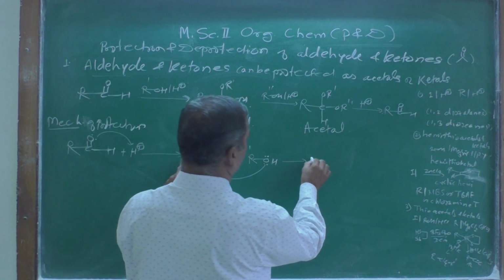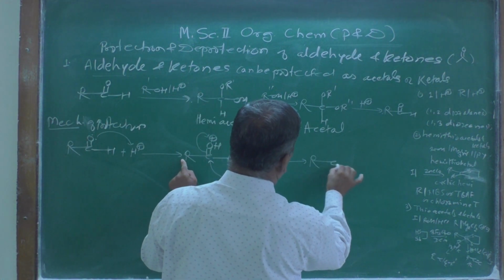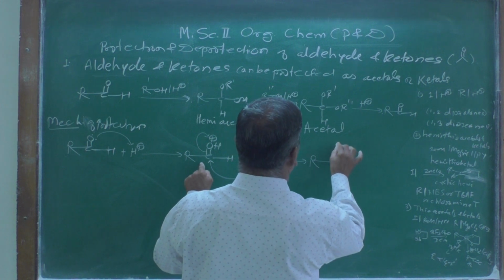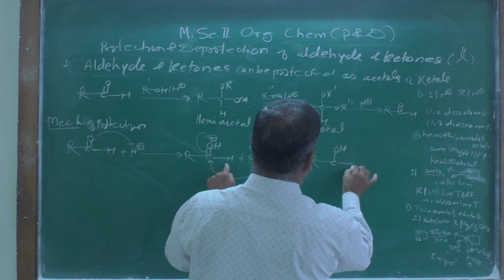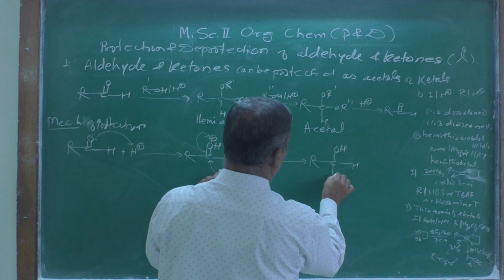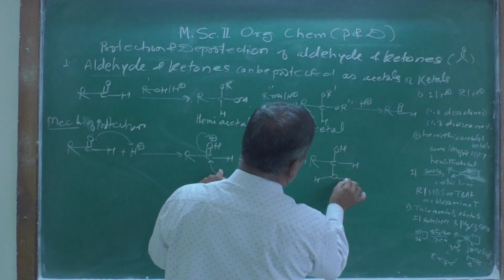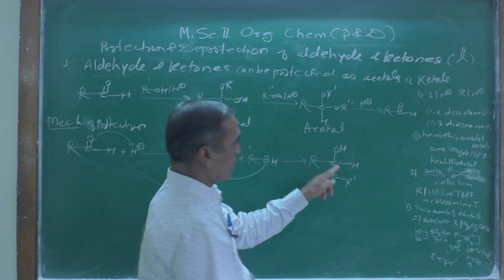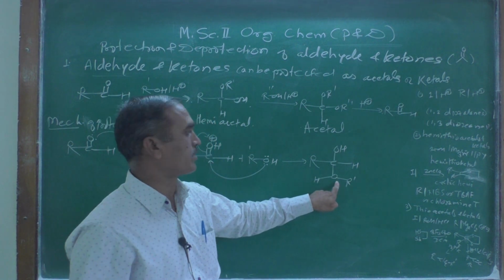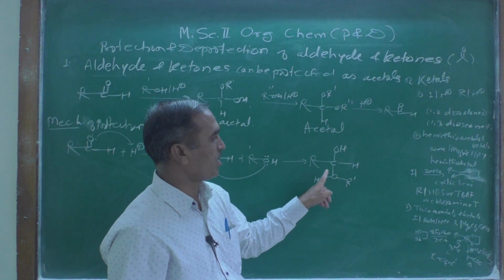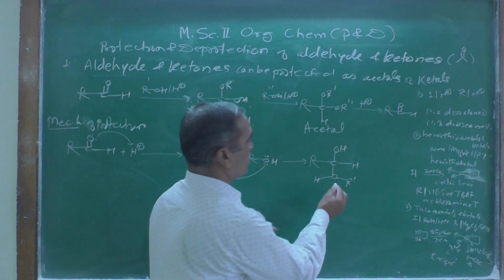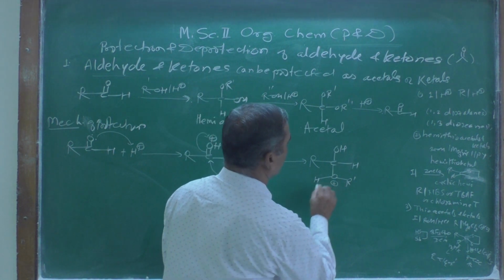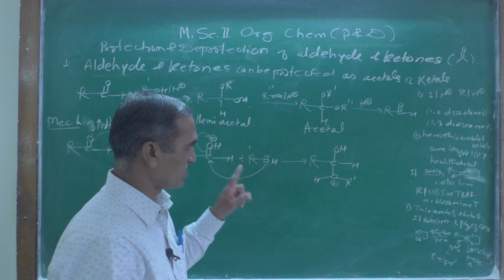The resulting compound we are getting here is R, then OH, this H as it is, and here you can write H and this R dash. Now look at here, this oxygen atom has 3 bonds, therefore I am putting positive charge on that oxygen atom.